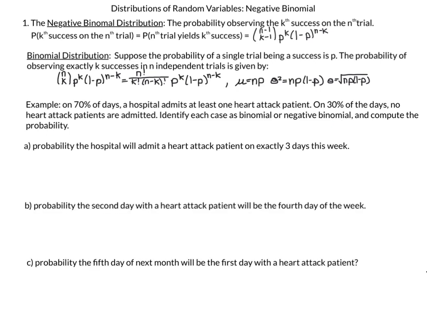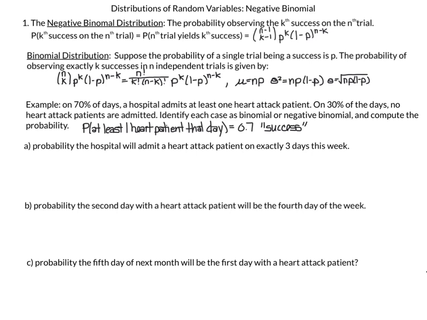Our 3 questions are: 1, probability the hospital will admit a heart attack patient on exactly 3 days this week. 2, probability the second day with a heart attack patient will be the 4th day of the week. 3, probability the 5th day of next month will be the 1st day with a heart attack patient.